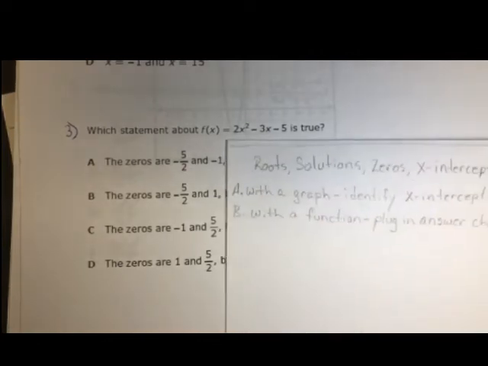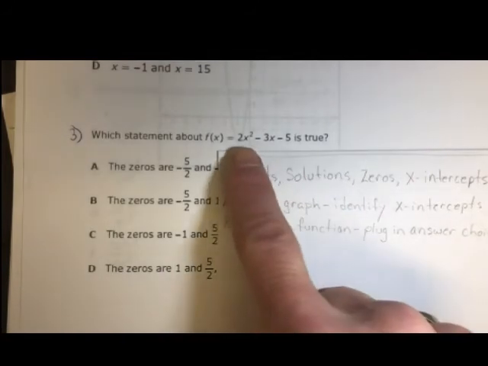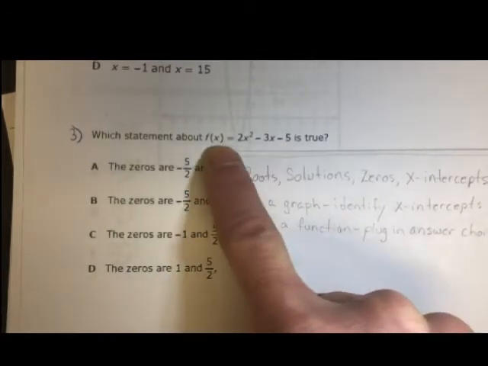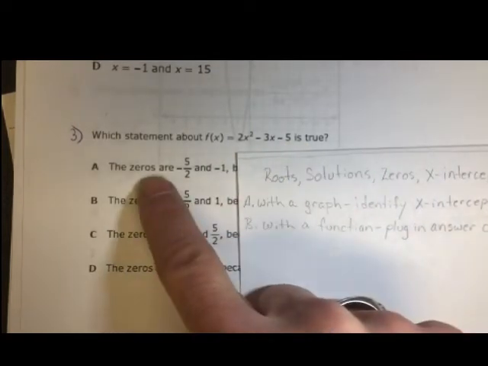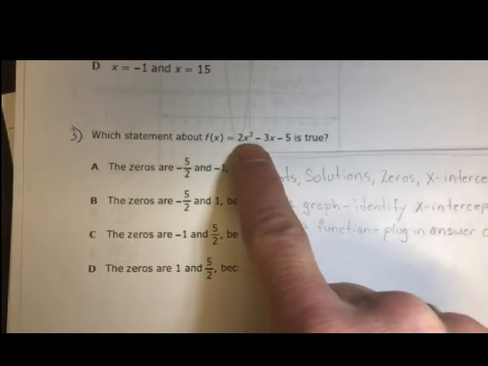For the calculator, we're going to use the zeros. If you will notice, this function does not have a value assigned to it. For zeros, this function needs to equal 0 when the correct zeros or roots are placed in for x.